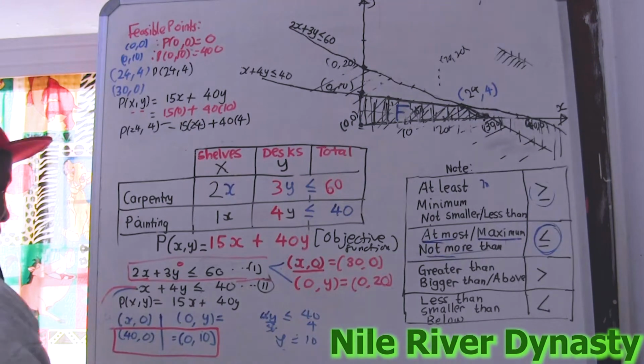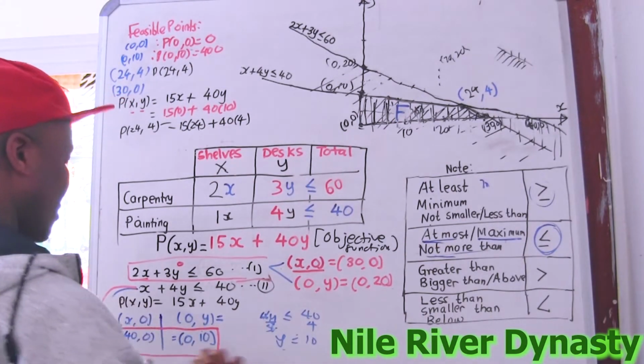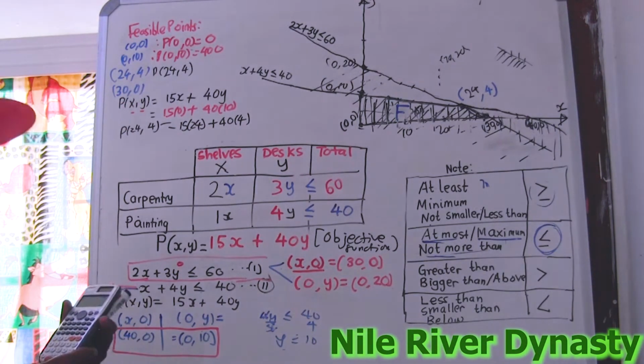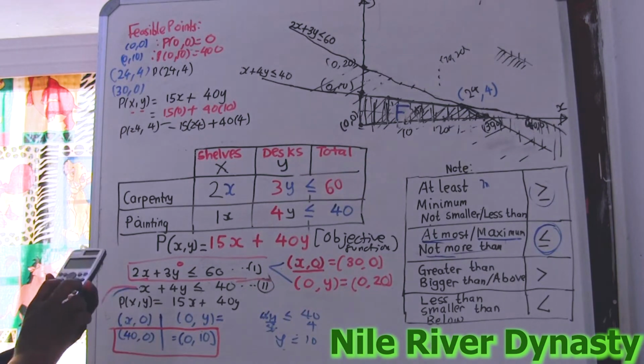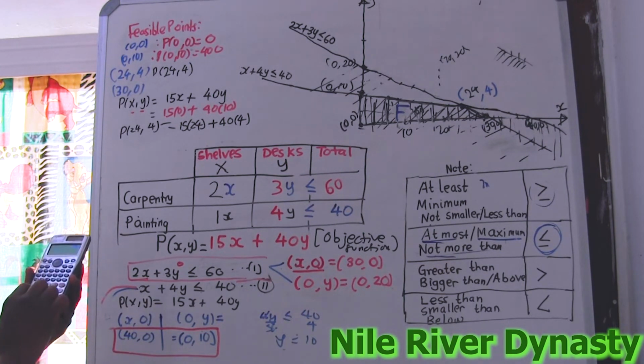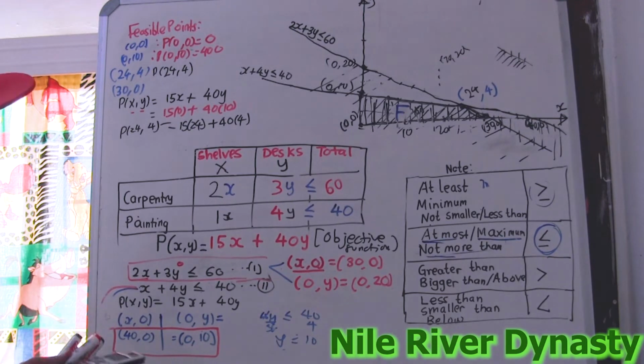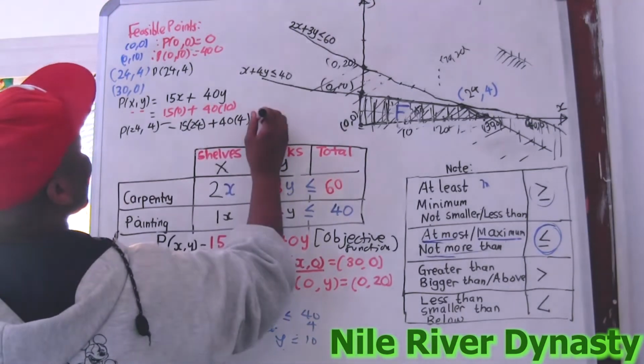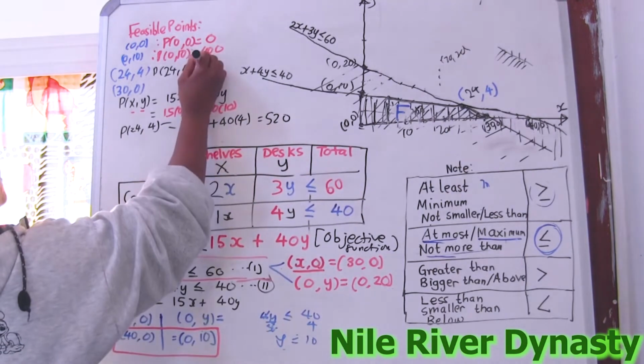Okay, cool. Take a calculator quickly. What you're going to do: 15 bracket 24 bracket, plus 40 bracket, and then 4. Okay, 520. So this is going to give us 520.